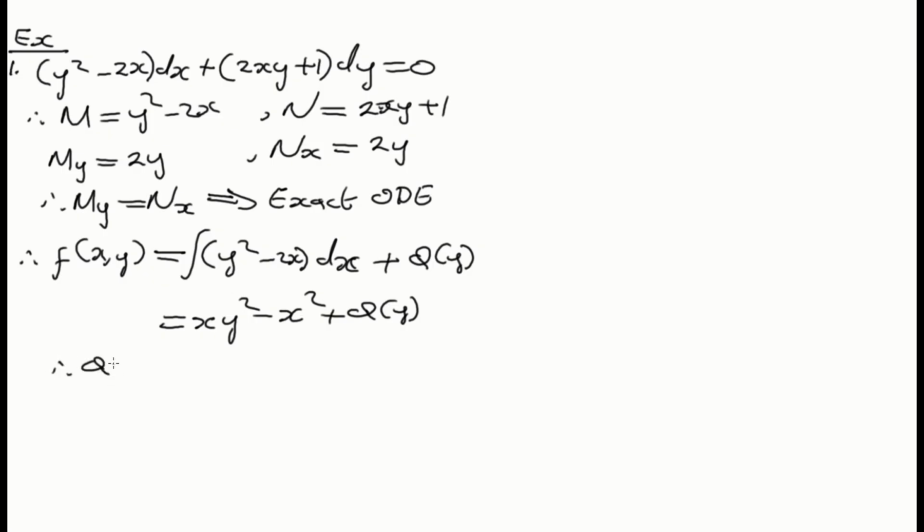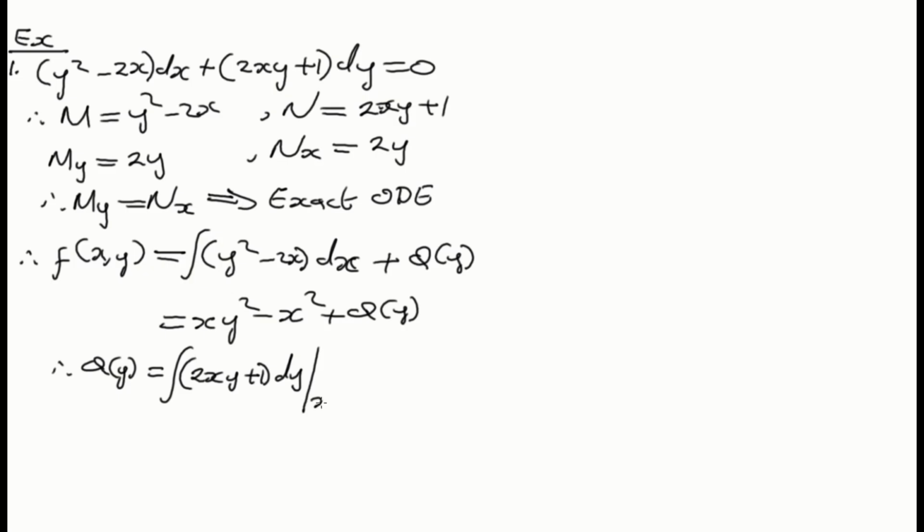And now we must recover this q of y. We will get this from the n side, which is n is 2xy plus 1 dy. And again, we are not just integrating anything here.